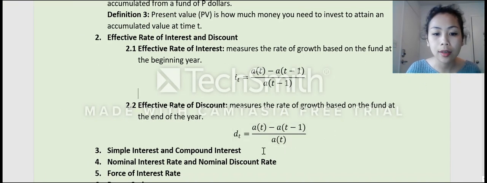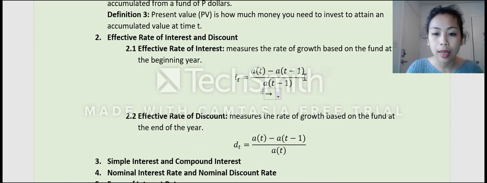Okay, next, from the first formula we have A(t) equal to A(t minus 1) plus i_t times A(t minus 1).